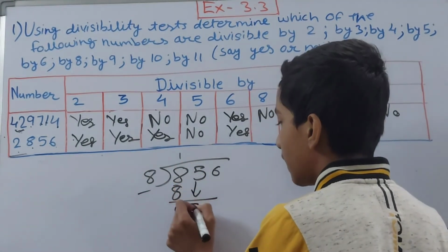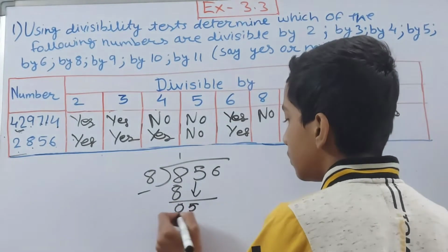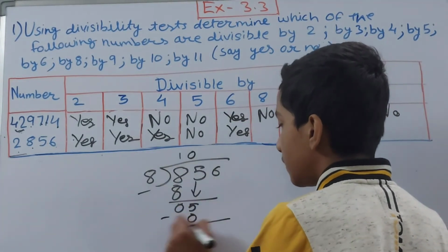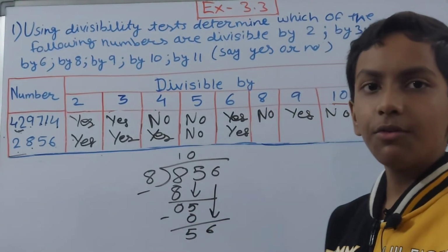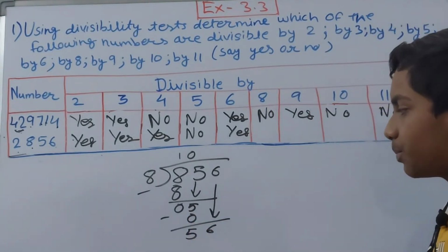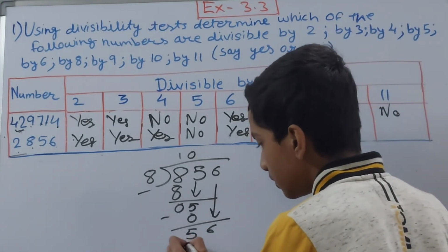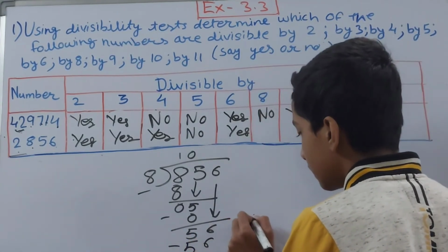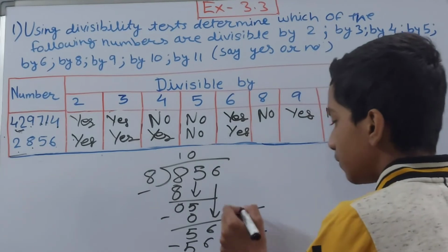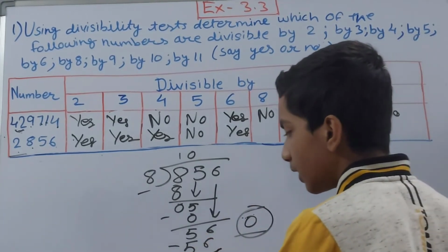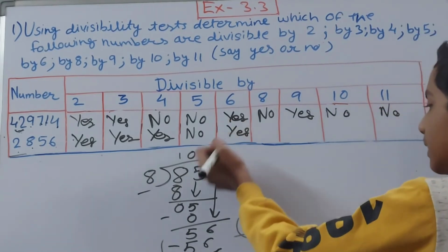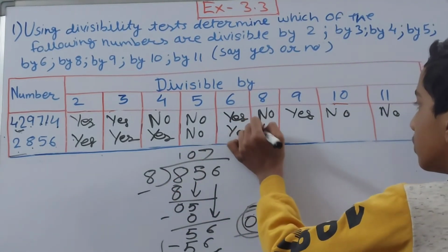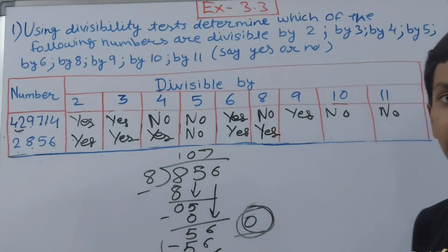You bring this 5 down, right? Then you take 0 from this, you add a 0, we have 5. And then you bring this 6 down as well. Now from this 56, we will subtract how much? 56 only. So that means we will get here 0 in the remainder. We have subtracted 56 from this, goes 7 times. So 0 in the remainder means that this number is divisible by 8. So we will put a yes on this, right?